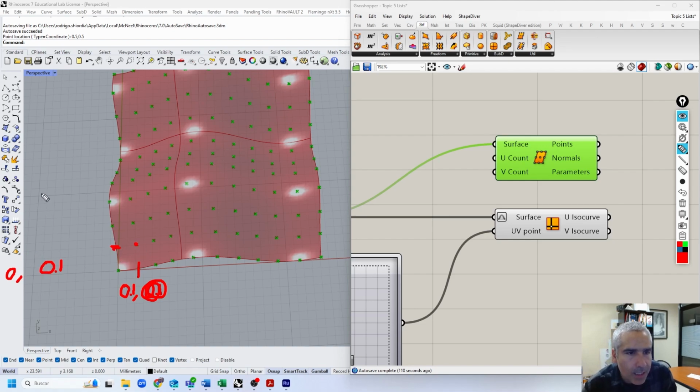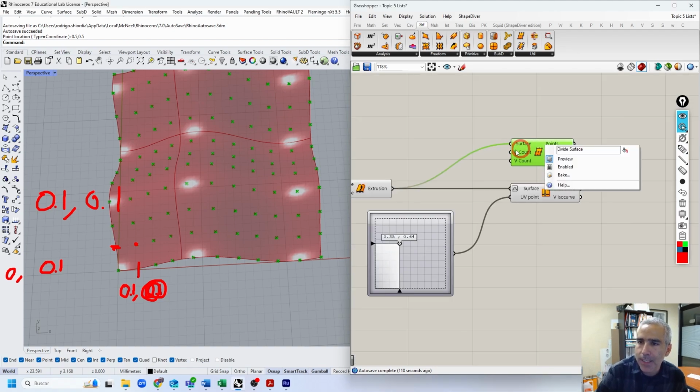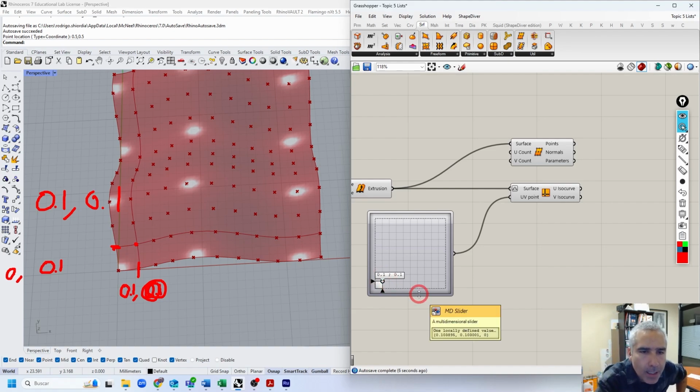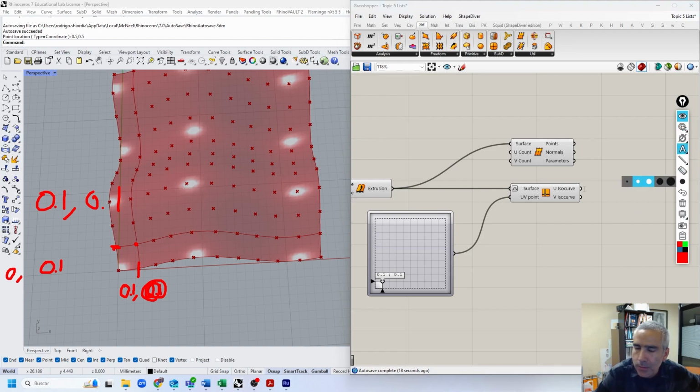Let's look at it with this component here. If we put this on 0.1, comma 0.1, that's what we get, right? And then this will be 0.2, comma 0.1, 0.3, comma 0.1, 0.4, comma 0.1. You can just get all of those.